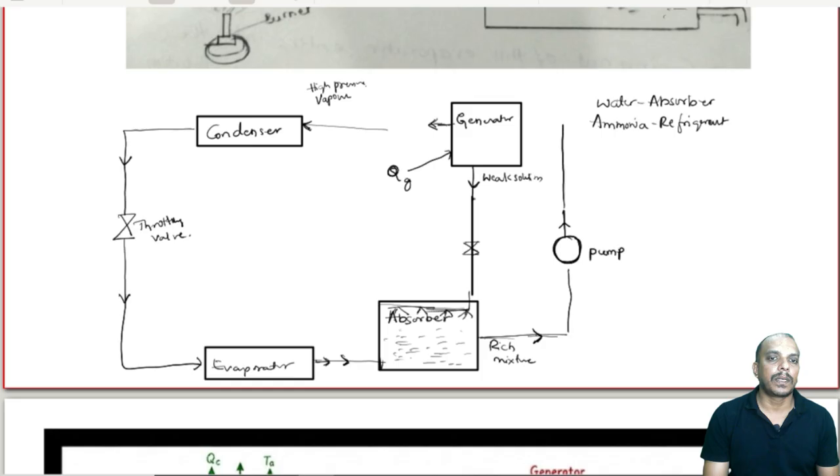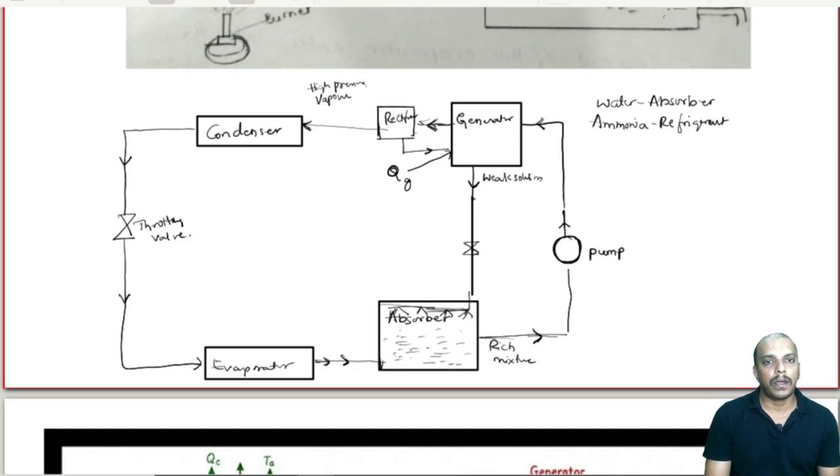Now, this was supposed to be coming to here. Now remember, the ammonia which is separated from the generator is in gaseous state, and may have some water vapor present. So let us have a rectifier. Now the rectifier's job is, if there is any water vapor present here, we don't want this to go through the condensation process. It may freeze otherwise. So we will separate the water vapor in the rectifier and send it back to the generator. All right.